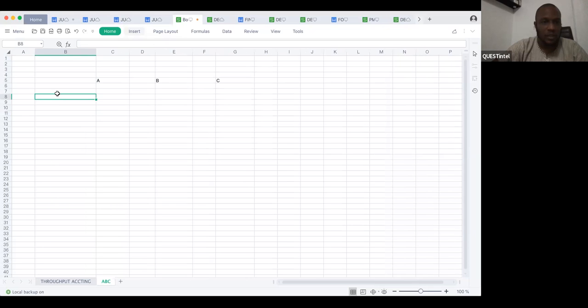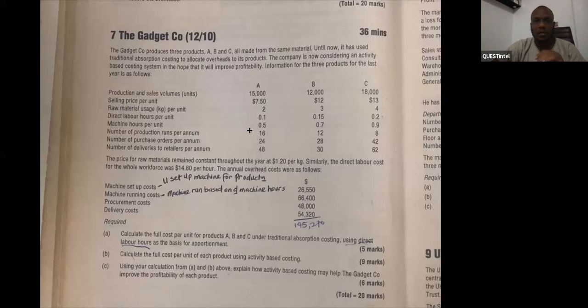All right, so we start with our direct material cost per unit, which will be equal to our, what did we have again? So we'll have to be going back and forth on this. Okay, our direct material cost per unit was what?